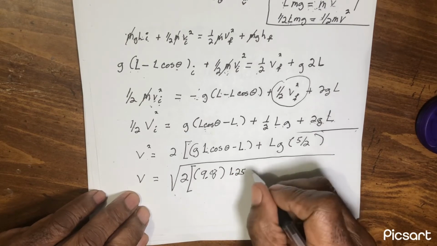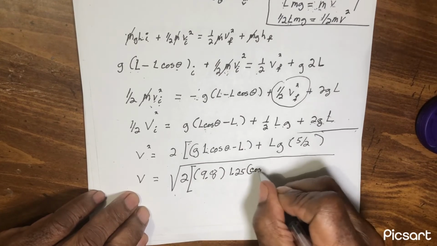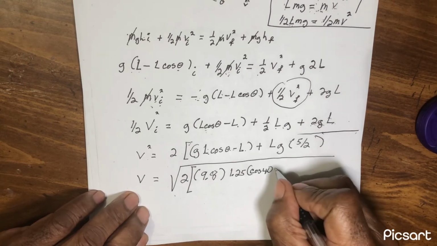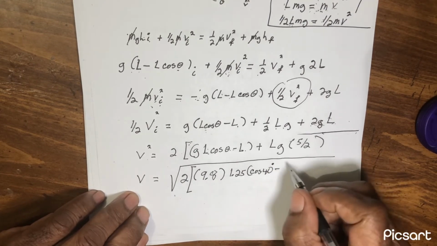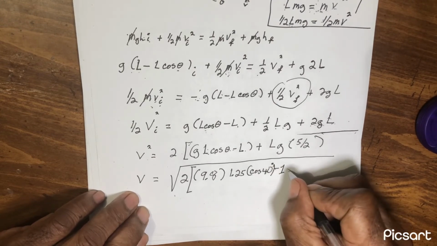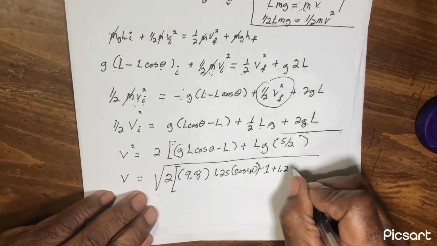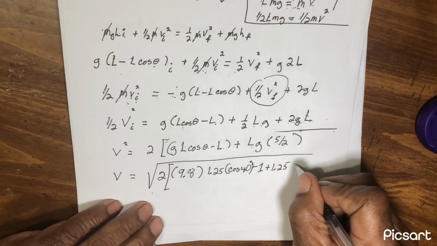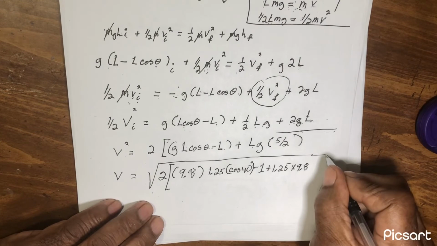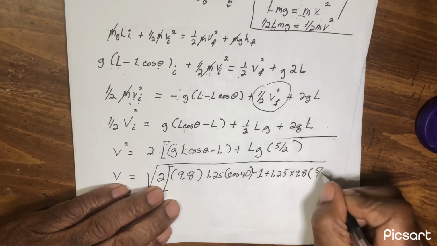1.25 cosine 40 minus 1 plus 1.25 times 9.8 times 5/2.